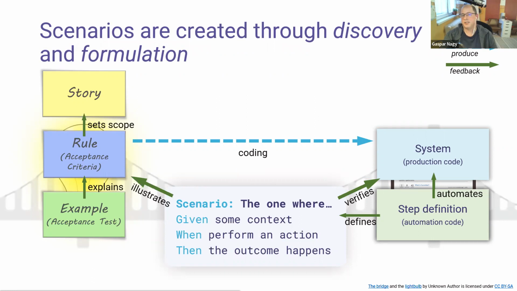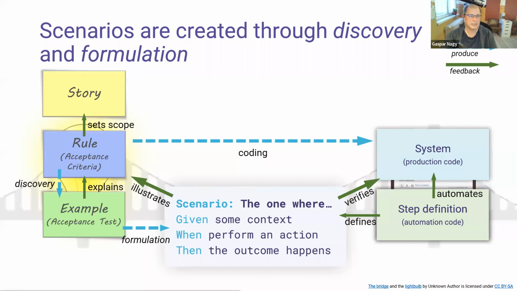When we do this with BDD, and I think this is something that we have already mentioned, there are actually 3 different practices that you do. So first of all, you are doing discovery to be able to come up with examples, and you need formulation to be able to write down the scenarios, and of course you will have automation to be able to provide the step definitions.